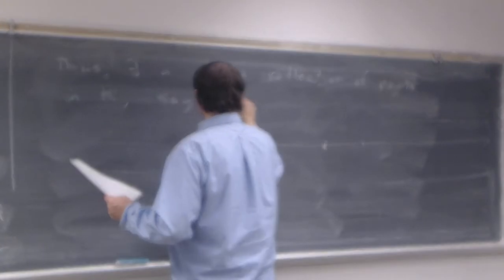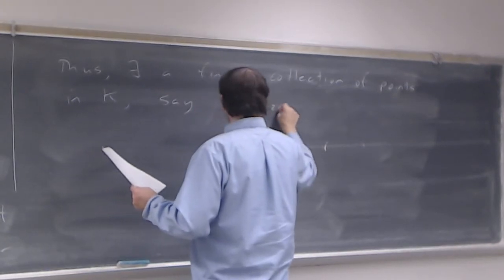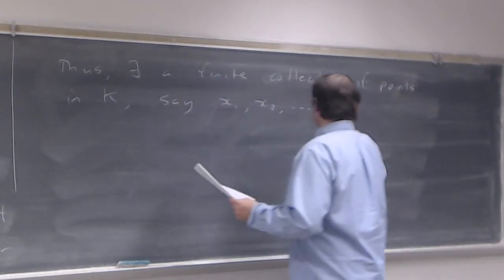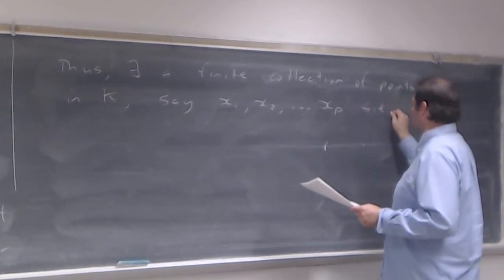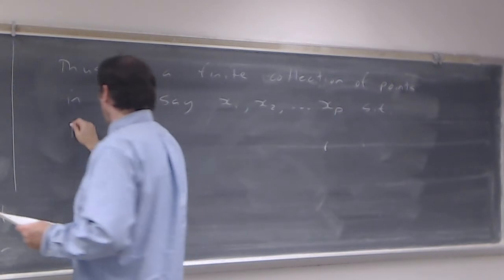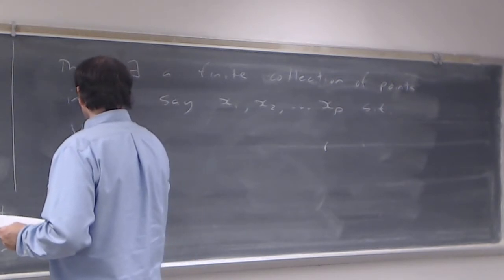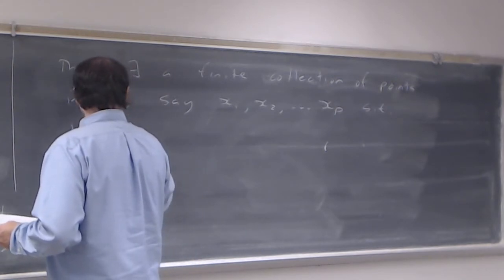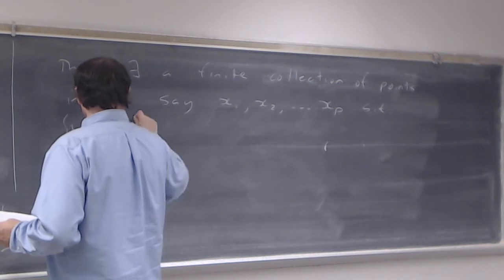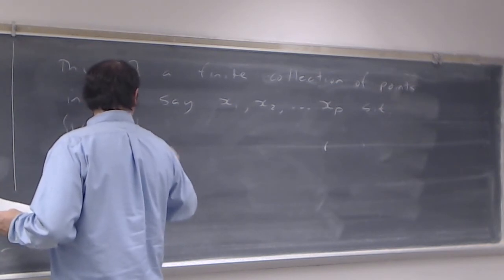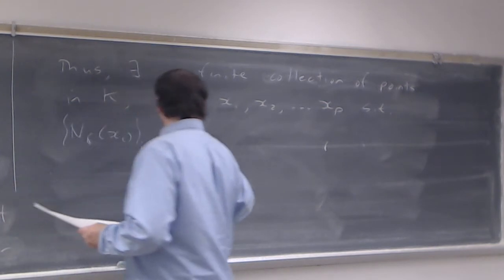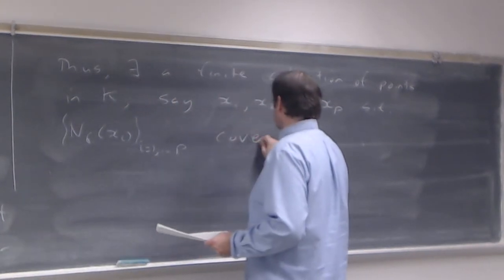So here, x1, x2, all the way up to x sub p, such that these neighborhoods centered at x sub i, where i runs from 1 up to p, cover K.